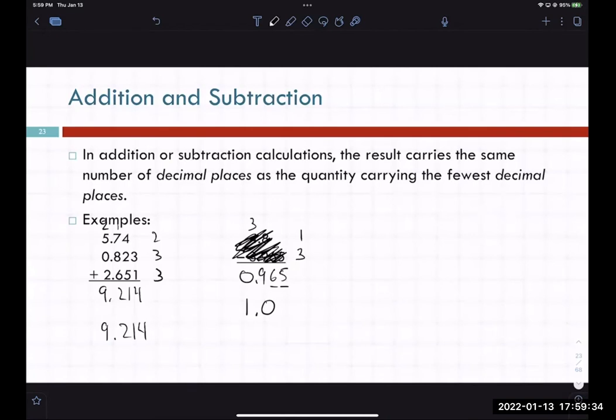If you get a calculation like this, where it's going to bump a decimal place because you added or subtracted, this does have 2 sig figs, but because it's a subtraction and the first one had 1 decimal place, we just keep the 1 decimal place.